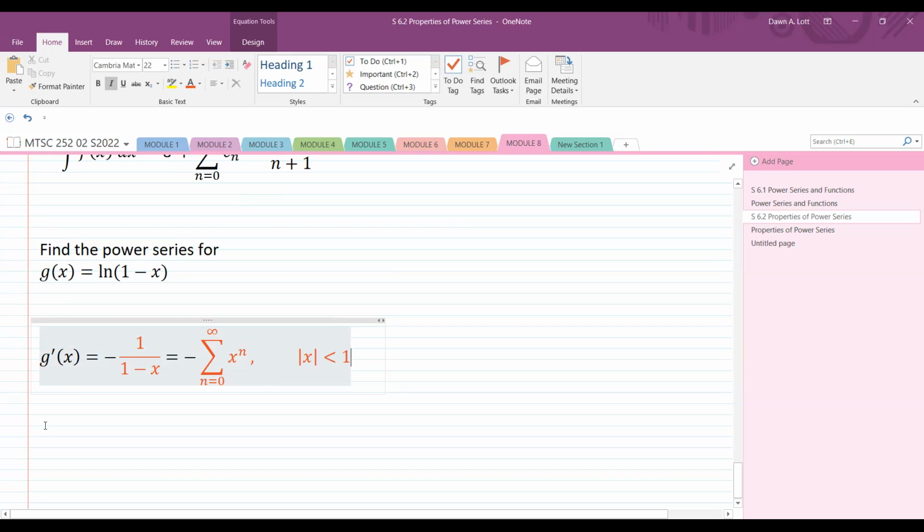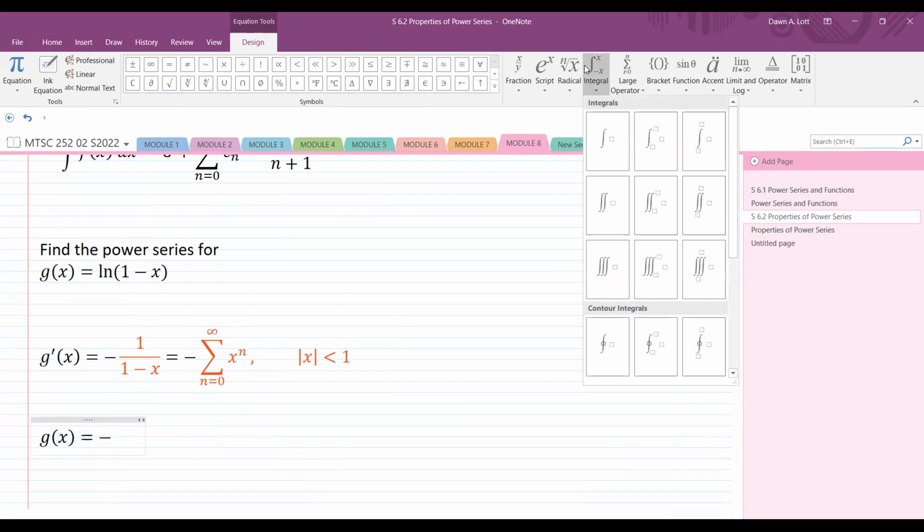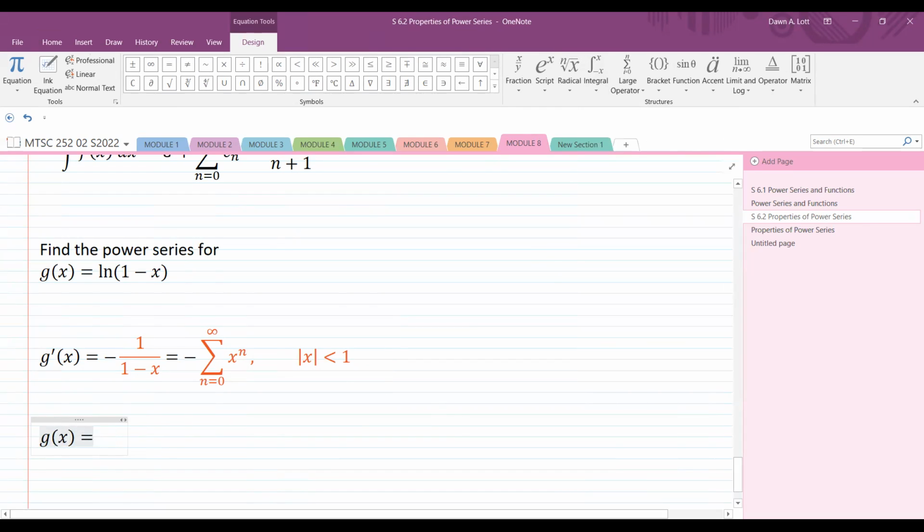So g of x is the integral of g prime of x plus the almighty constant.